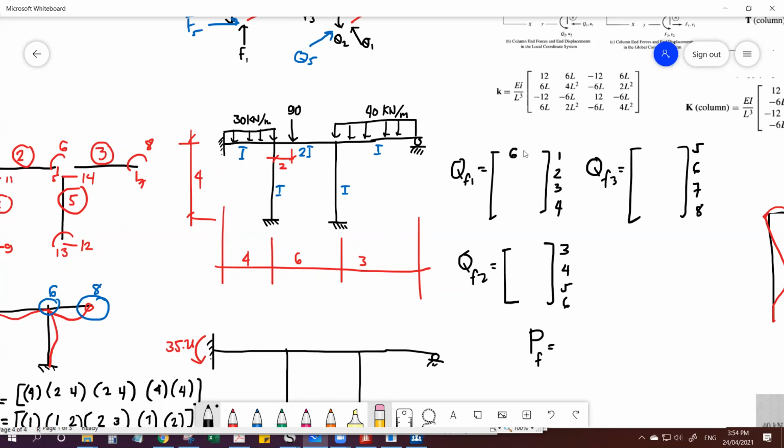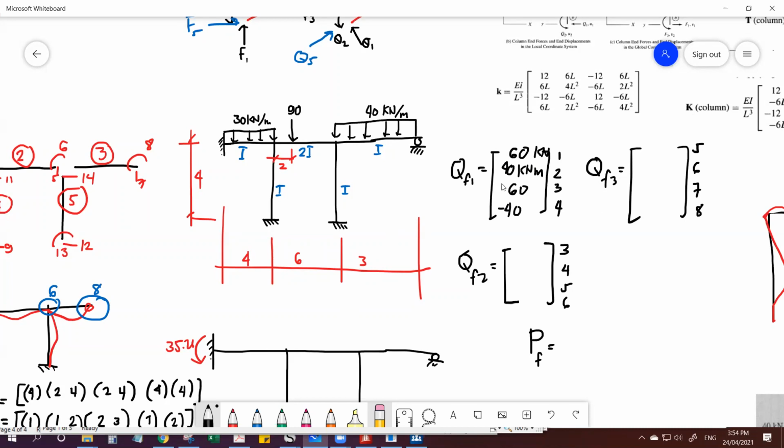Since this is symmetric, this is also 60 kilonewton. The moment, WL squared over 12, is 40 kilonewton meter. 40 kilonewton meter. So I'll just copy this here.